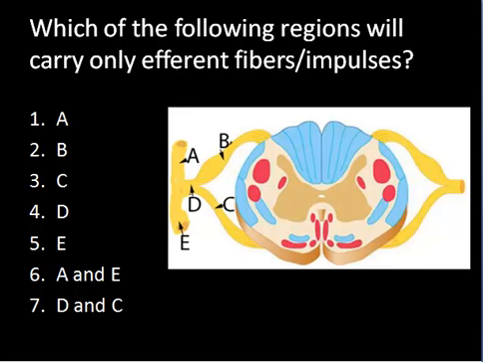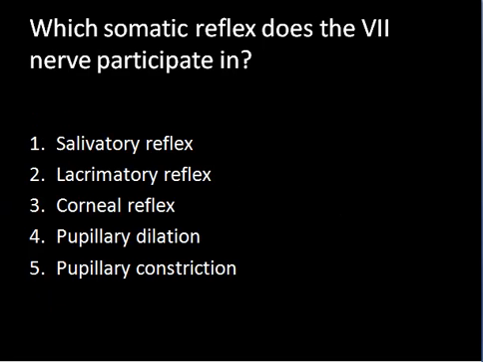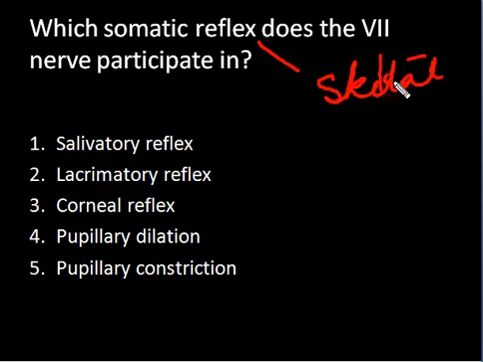Now let's look at the next question, which asks you, which somatic reflex does the seventh nerve participate in? Now, certain important things to remember is that somatic reflexes always involve skeletal muscle.